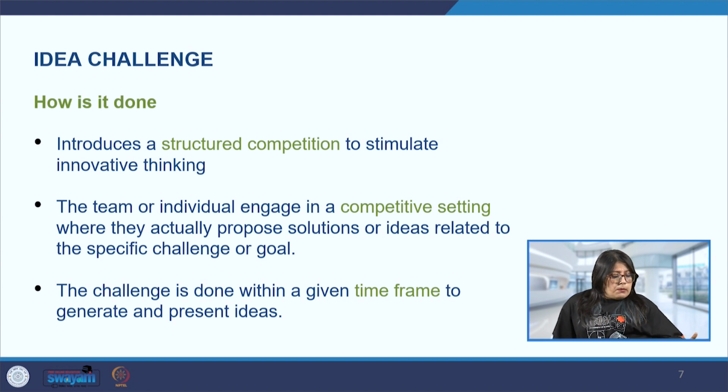And maybe the third team comes up with reusable containers and maybe a deposit return facility wherein they have to return it and their deposit will be returned back to them, just like we have maybe a deposit scheme in a library. We are borrowing a book, we keep a deposit. Once we return the book as it was in the initial stage, then we get our money back. So now these are some of the ideas that have been generated.